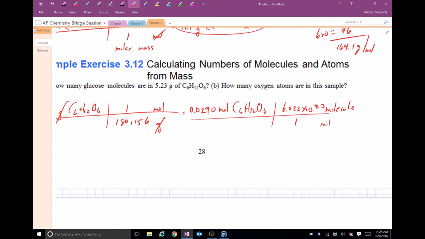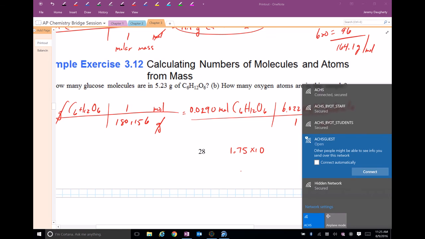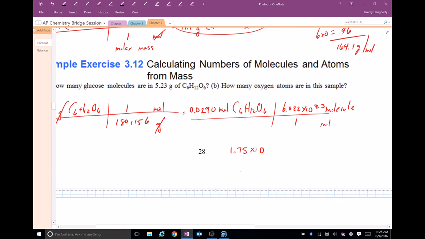So I get a final answer of 1.75 times 10 to the 22nd. And that's molecules, because moles cancel out, of C6H12O6.